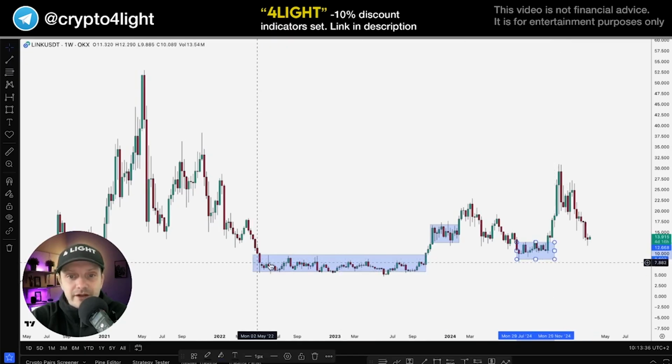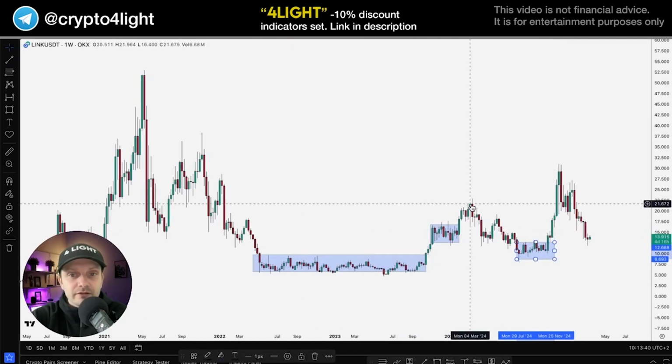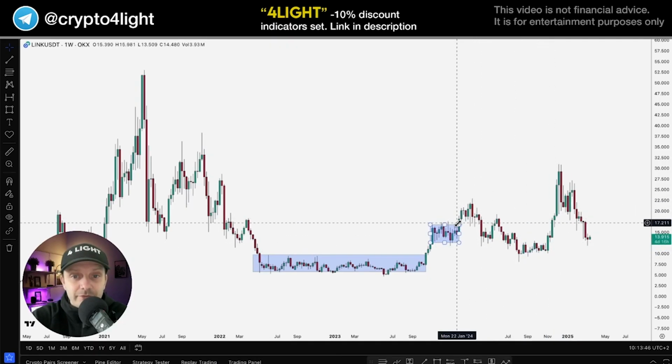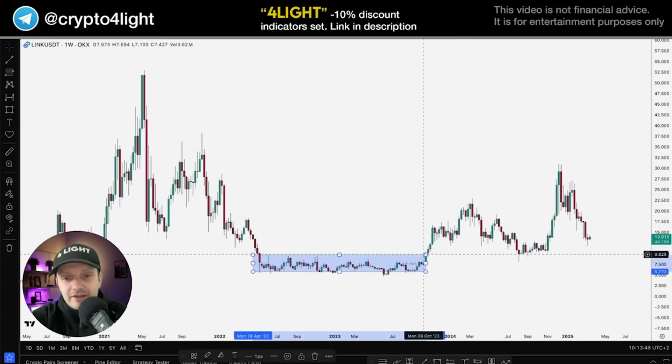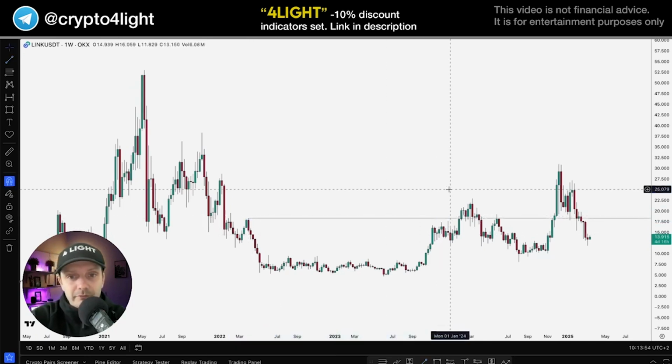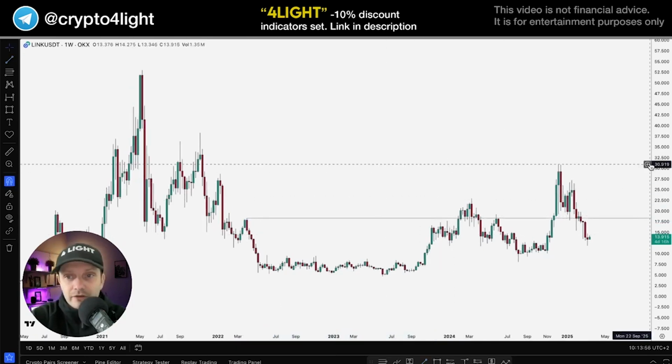So you can see, right? Accumulation, impulse, some distribution, impulse, downtrend. Again, accumulation. And we start to build a structure. So in this case, this is a break of structure. About a break of structure, definitely I will make another video.